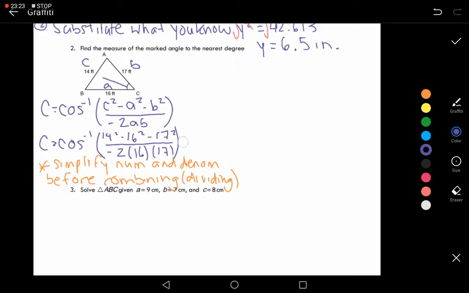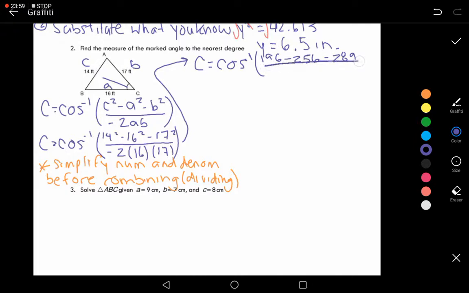Like I said, now I'm going to come across here. So we have C equals cos⁻¹. Again, we're following BEDMAS here. On our calculators, we do 14 squared, 196, minus 16 squared, which is 256, minus B squared, which was 17 squared, which is 289.